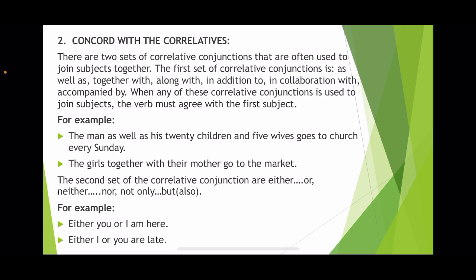That's why singular verb is required. Number 2, the girls, together with their mother, go to the market. The second set of the correlative conjunctions are either or, neither nor, not only but. For example, either you or I am here. Either I or you are late.